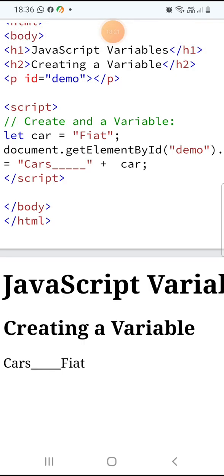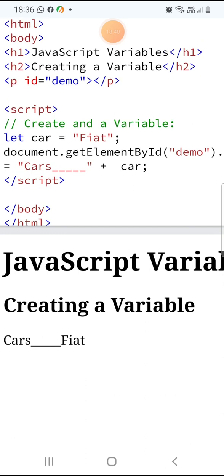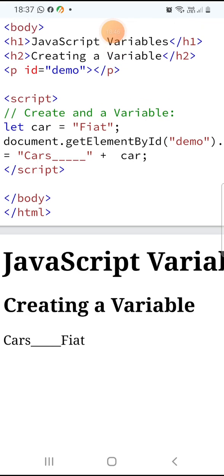Our variable name is car, and the value assigned to the car variable is fiat, which will be displayed here.